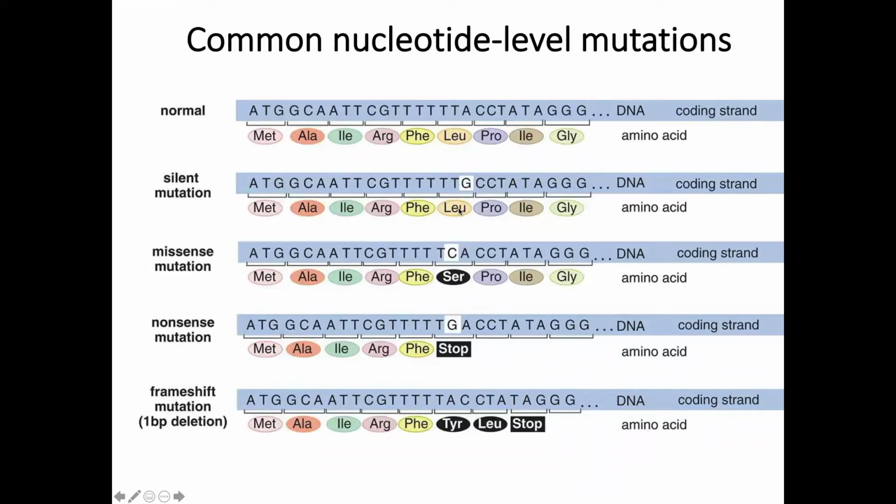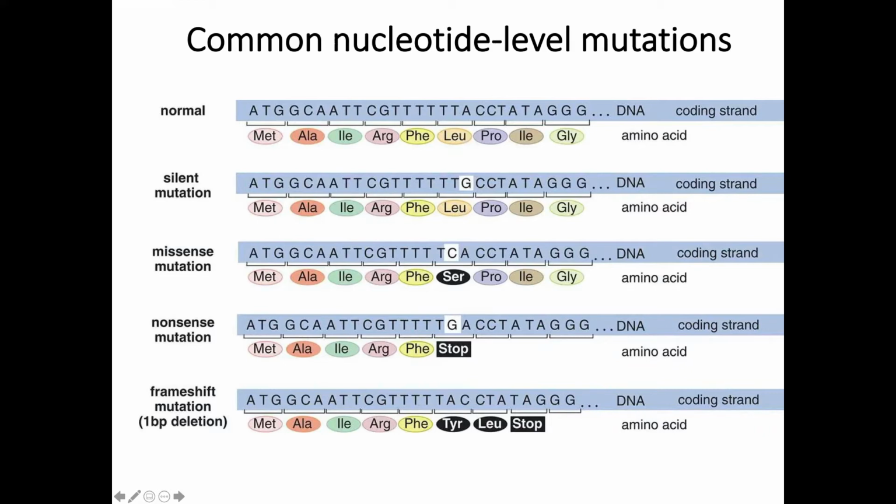Therefore, silent mutations do not affect the structure or function of the protein. We learned previously that the third residue of the genetic code has a wobble, right? So even if they are different, they encode the same amino acid. So that's the reason, okay?